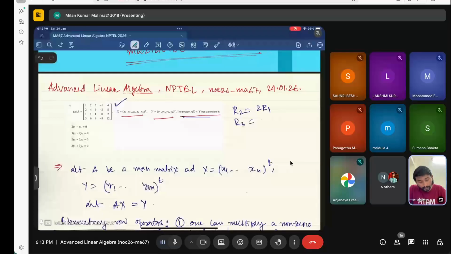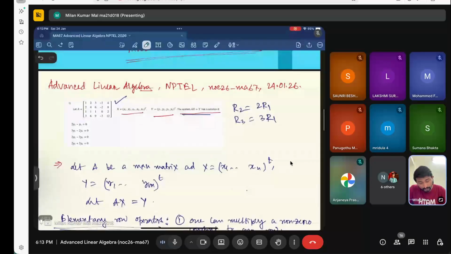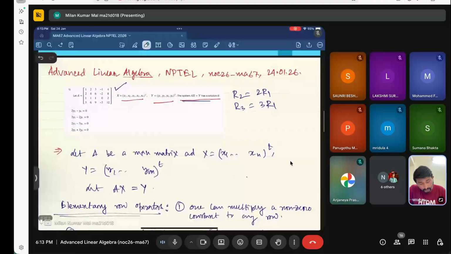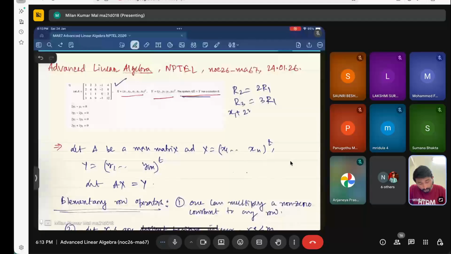So this system will be like x1 plus 2x2 plus 3x3 minus x4 plus 4x5 is equal to y1. This is the first equation. The second equation is 2x1 plus 4x2 plus 6x3 minus 2x4 plus 8x5 is equal to y2.